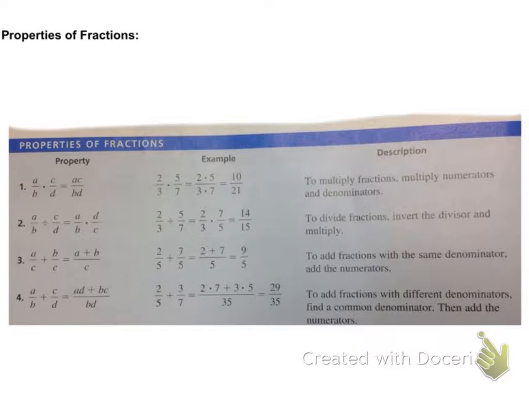So if we're going to talk about fractions, we might as well talk about their properties as well. This one mostly tells us how to use those fractions appropriately. Like when you are multiplying fractions, what do you do?